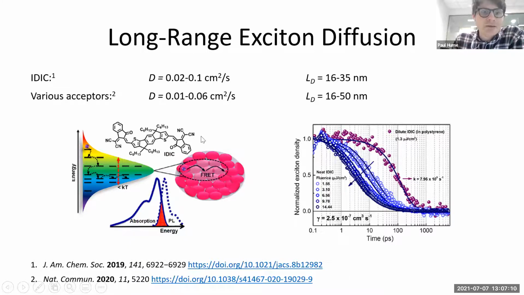And the other nice thing is that having these two papers essentially measure the same thing, we now have quite a lot of confidence in the value for IDIC, because this reference also measured the IDIC diffusion coefficient, and it did it in two ways. They did fluence dependent transient absorption spectroscopy and also bilayer quenching measurements. So we have a reasonable degree of confidence in those values now.